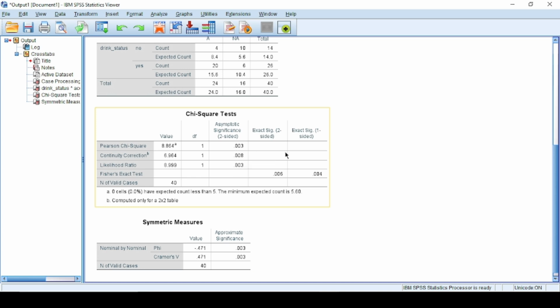That means that there is a relationship between the drink status and the accident. We can say that a person who is not drinking would lead to fewer accidents. And so we would be reporting it as rejection of the null hypothesis. That means that there is a relationship between drink status and the accident.